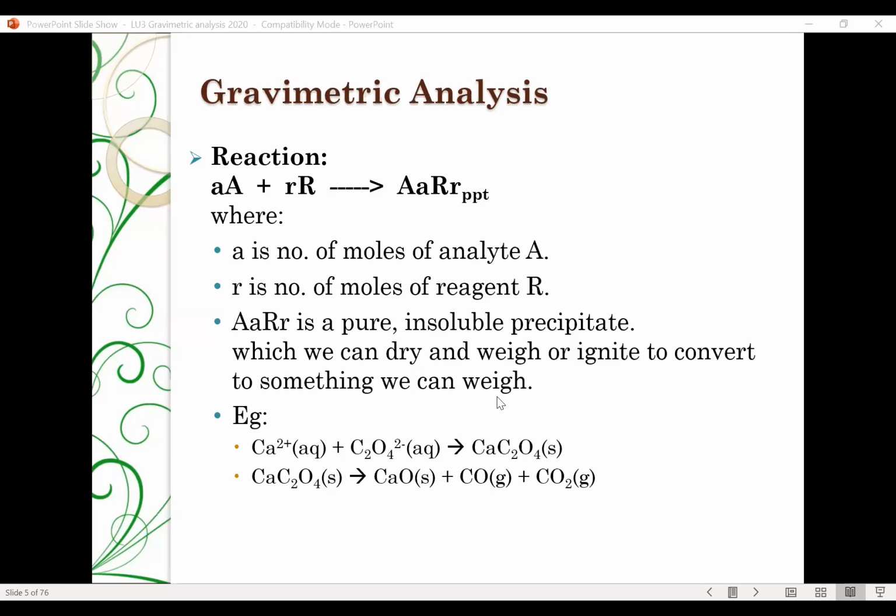Meaning you can weigh your product, get its mass, and from the mass of that product, you can calculate the amount of analyte in your sample. Okay.